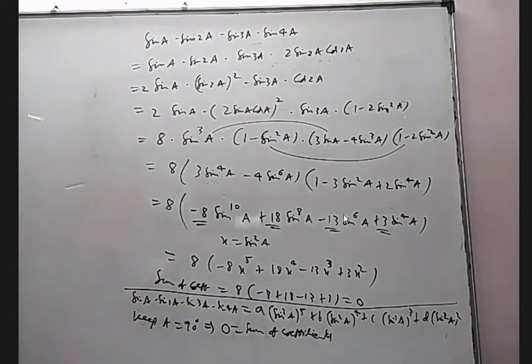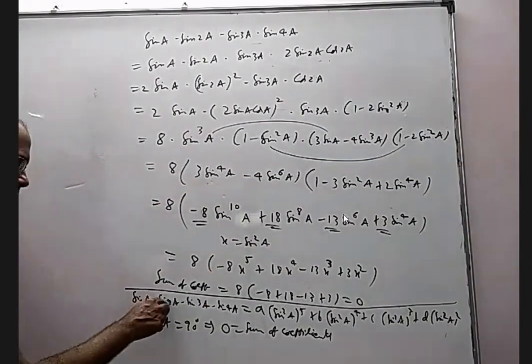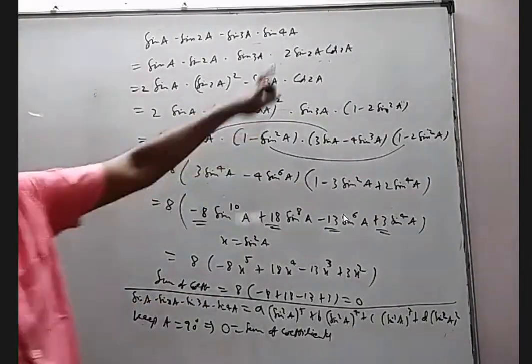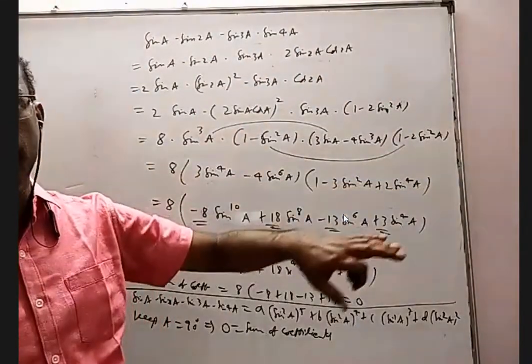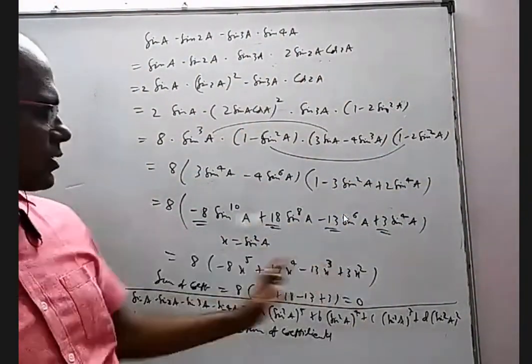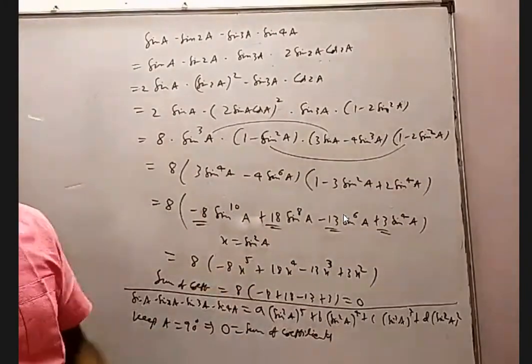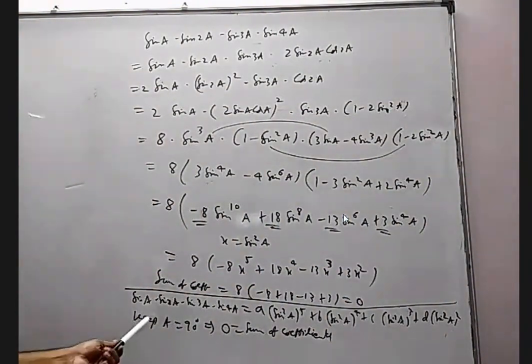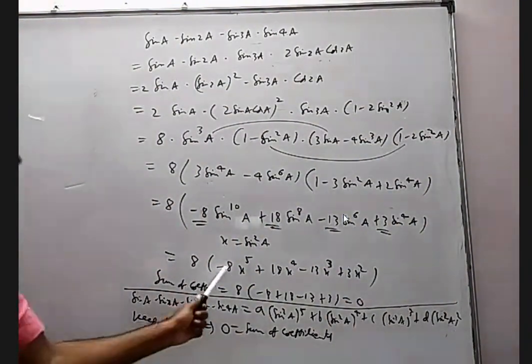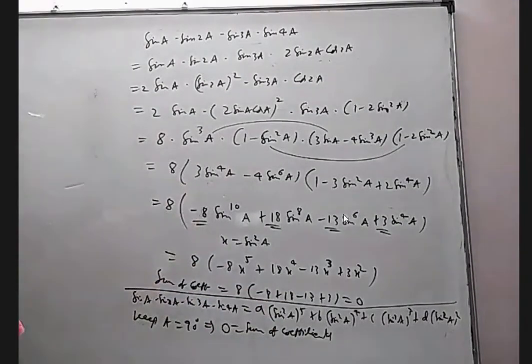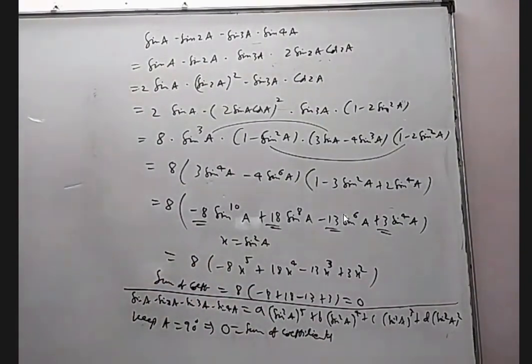Yes, sir, we'll get. And LHS will become 0. That's why the sum of the coefficients is 0. Understood. So even if later on they give sine 5a into sine 6a, you may get a little different, little bigger answer, but definitely the sum of the coefficients is going to be 0 because when you put A as 90 degrees, it's becoming 0. So these numbers may change, but the sum has to be 0.